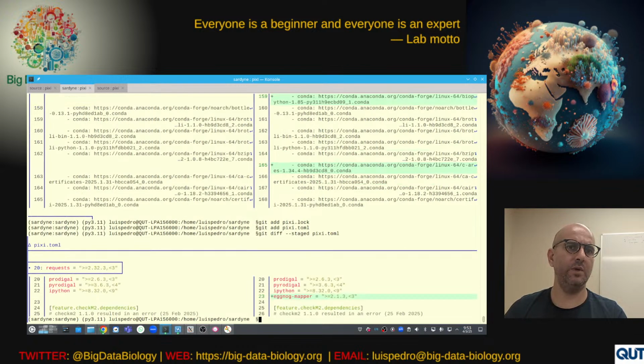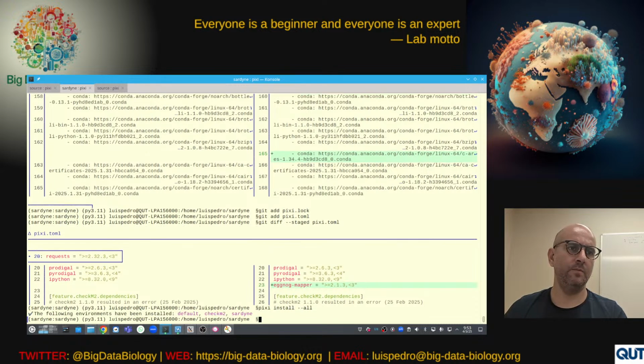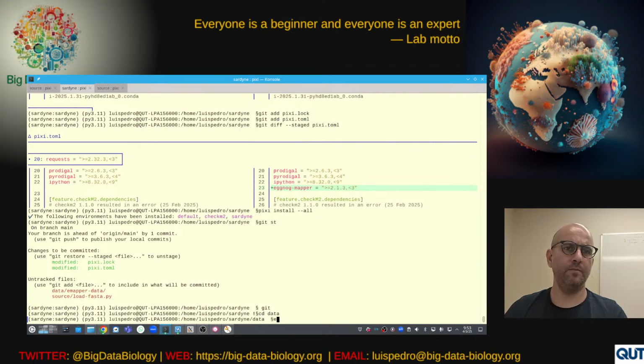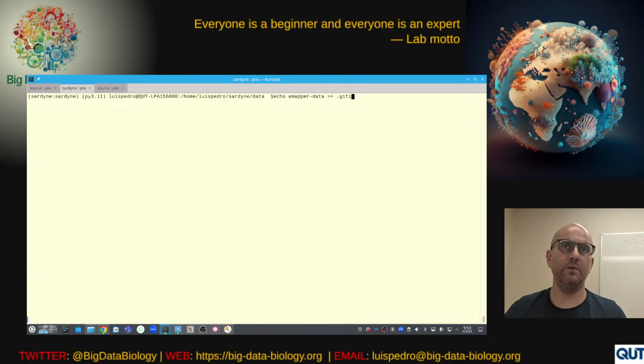Just check through here, only adding eggnog mapper. Let's add it to the ignore file.